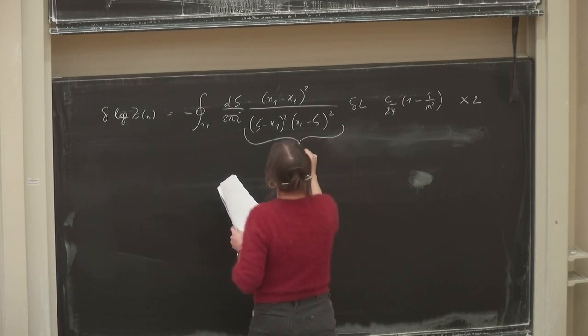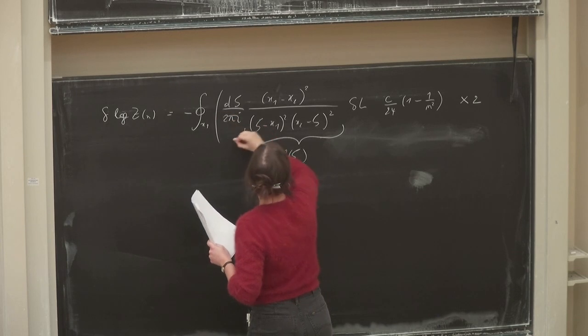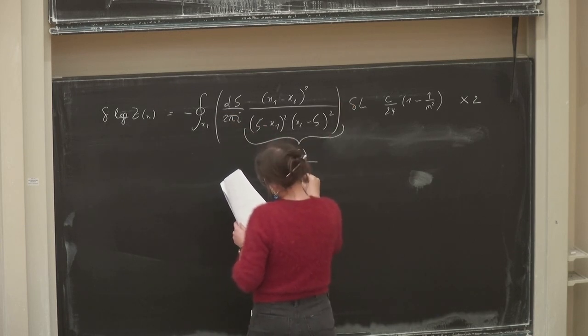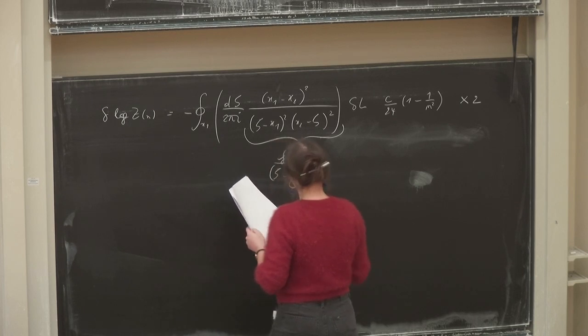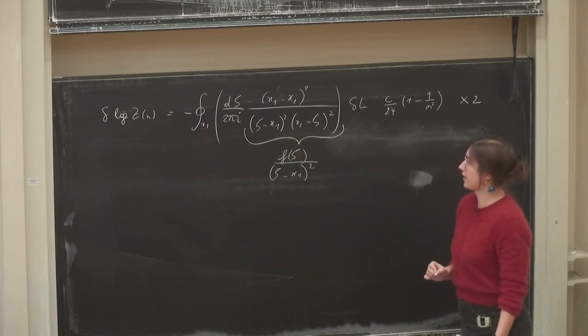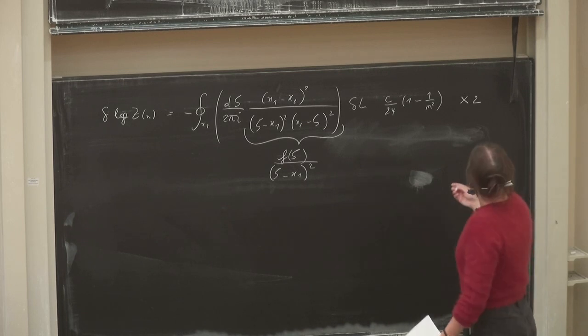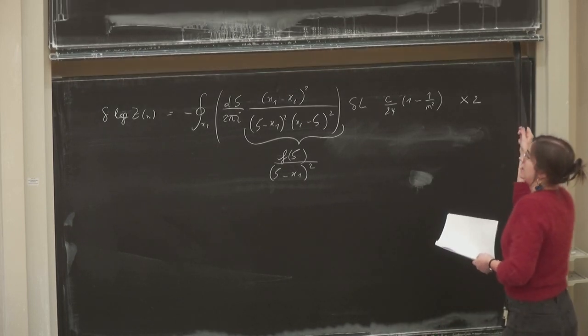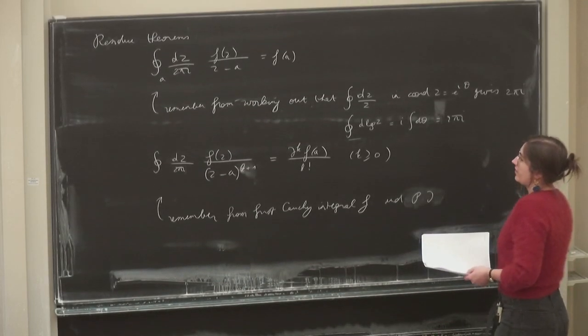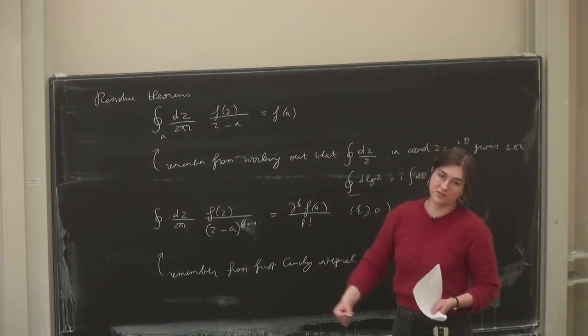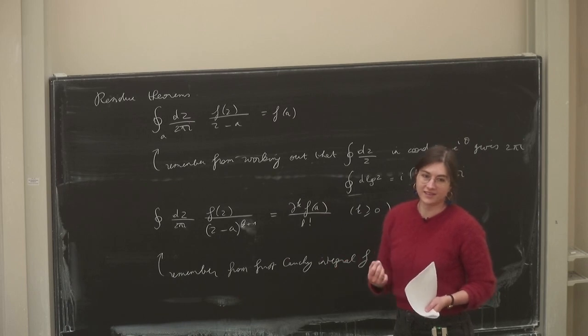By writing this as f of zeta over zeta minus x1 squared. There's one subtlety in this, which is that it actually takes an angle 2 pi n to go around x1 and not 2 pi.